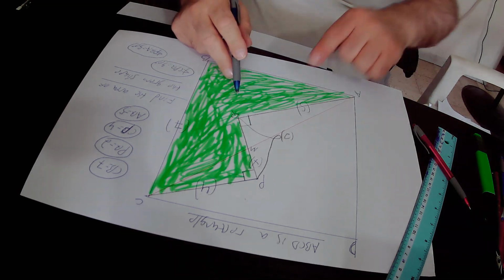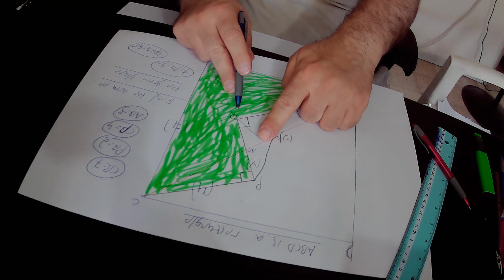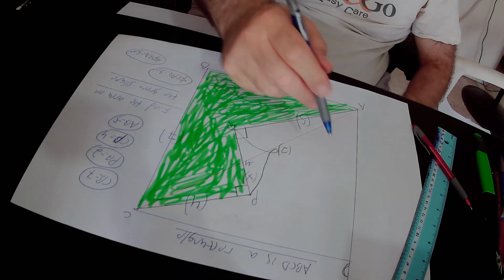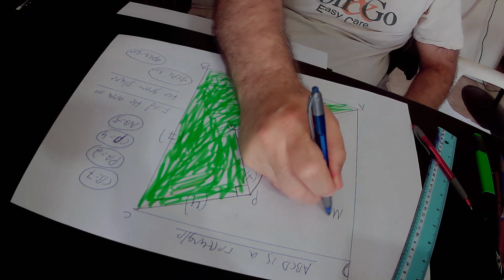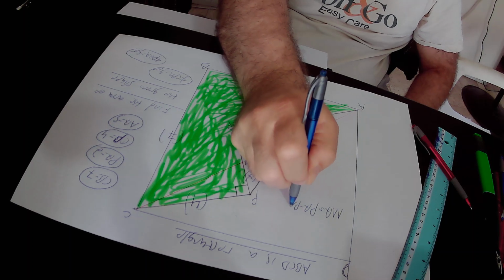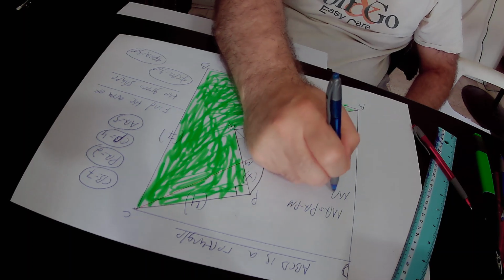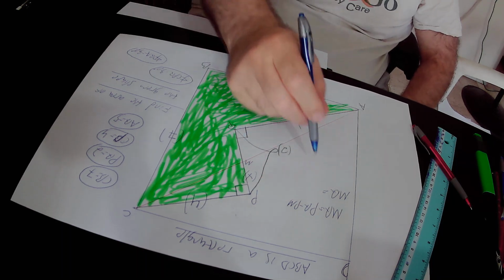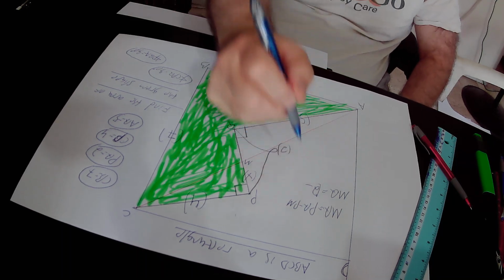So what is the length of line segment MQ? From the drawing, it is very easy to see that MQ equals PQ minus PM. Again, MQ equals PQ minus PM. Write it down. MQ equals PQ, which is 2 according to what is given in the question, minus PM.